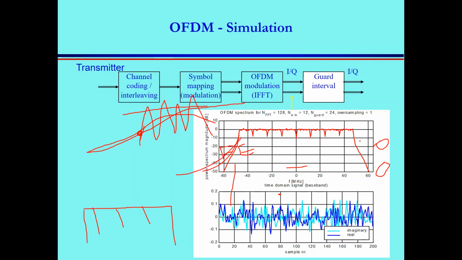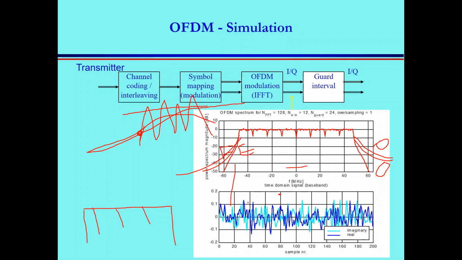This will smear like this, because you will cause intermodulation products in new frequency components, and this will interfere with the other adjacent OFDM symbols. Very bad, so we try to avoid these peak values.